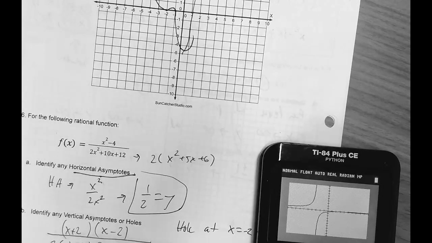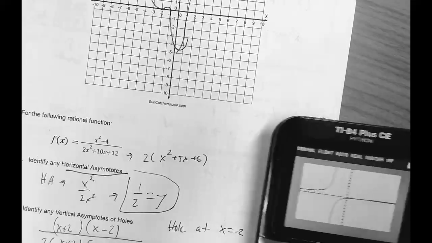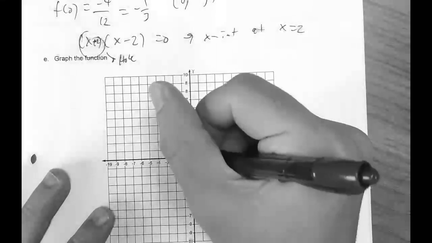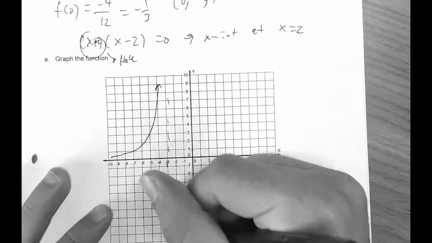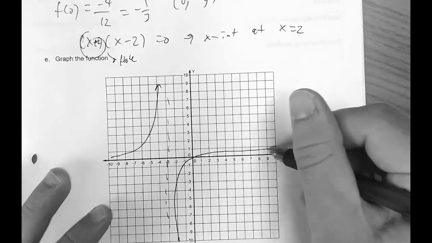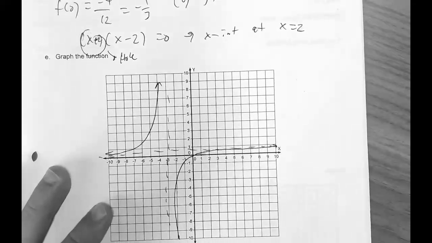So yeah, we're seeing what we described, that vertical asymptote at -3. We can sketch this, marking that horizontal asymptote.